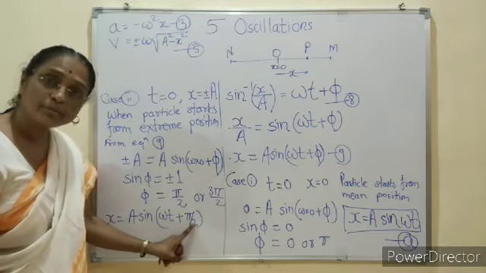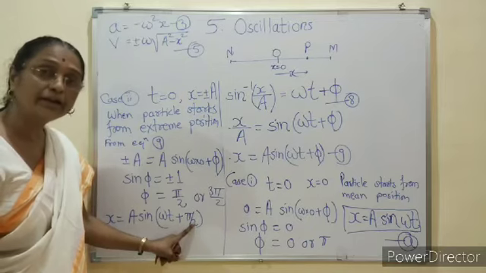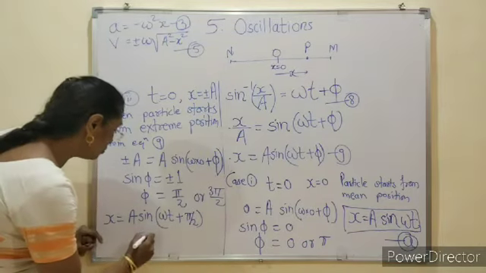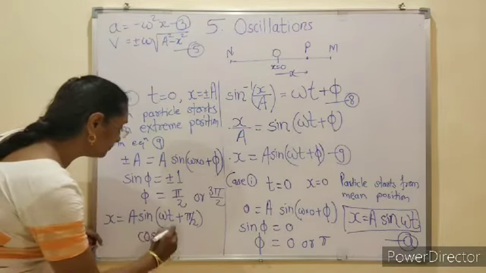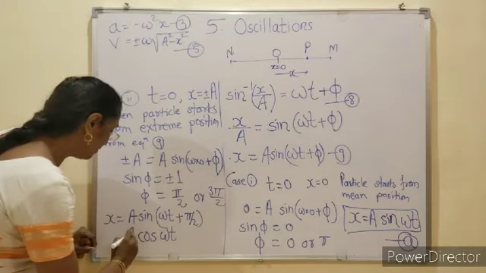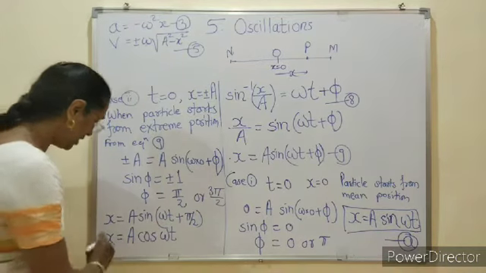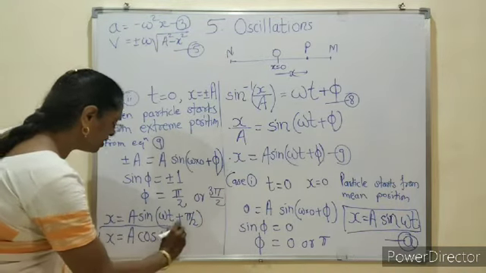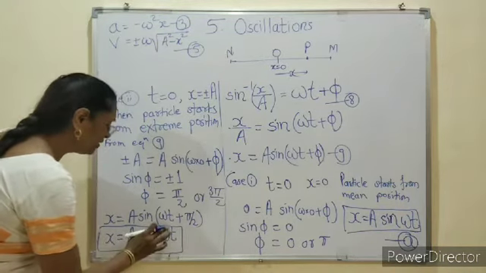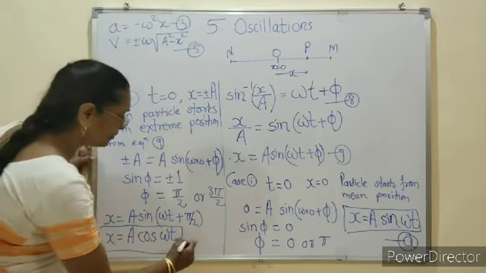Sin(omega t plus pi by 2) is a trigonometric identity equal to cos omega t, multiplied by a as it is here. So we get x is equal to a cos omega t.